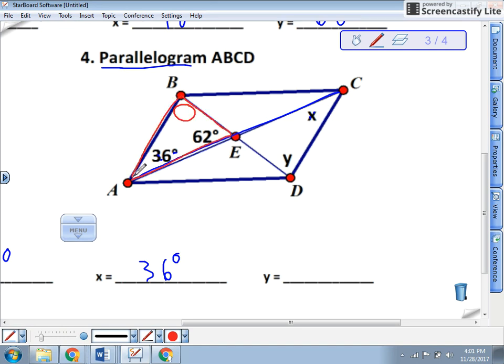Okay, we've got a triangle right there where we know two of the three angles. So how do you find the third angle? Well, this is where we do the 180. All right, we do 180 minus 62, minus 36, and that will give us the value of that final angle, and that will be an alternate interior with this angle right here. Plug that into your calculator. That will give you what y is.